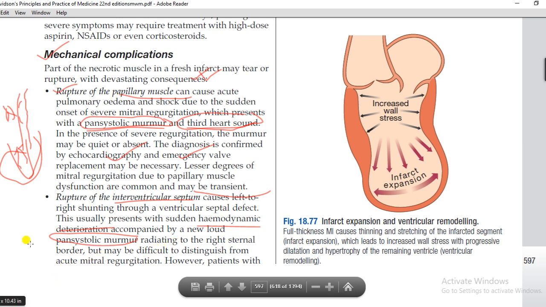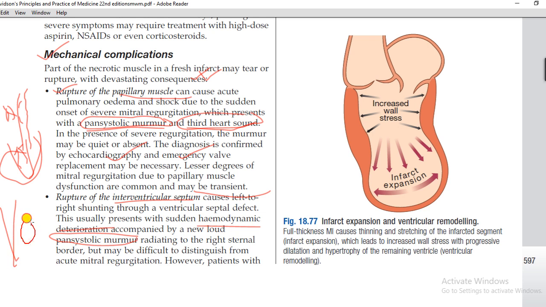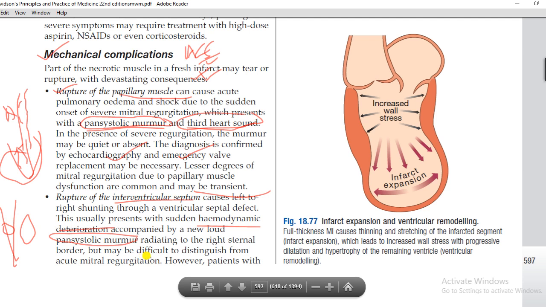Here is the sternum, and here is the heart. Then at the right sternal border, we can hear the pansystolic murmur in case of a ruptured interventricular septum as a complication of acute coronary syndrome. It may be difficult to distinguish from acute mitral regurgitation.